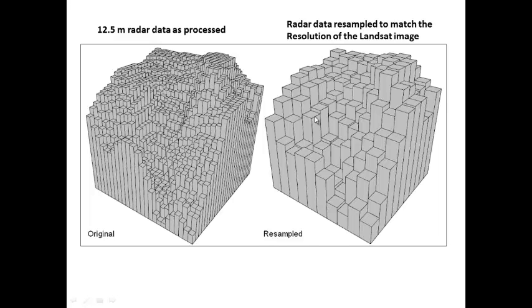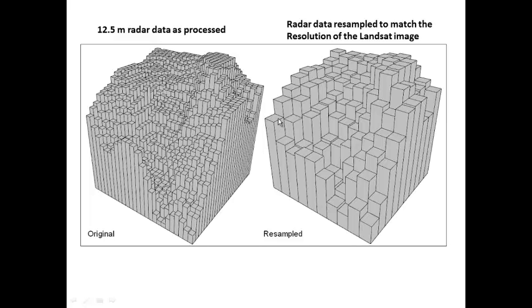But remember that the Landsat data has 30 meter pixels. So in order to directly combine these two images and use them for classification, we'll need to resample these 12.5 meter pixels down to 30 meter pixels.